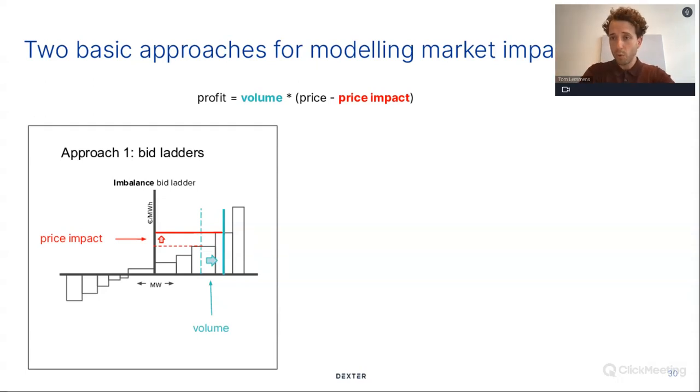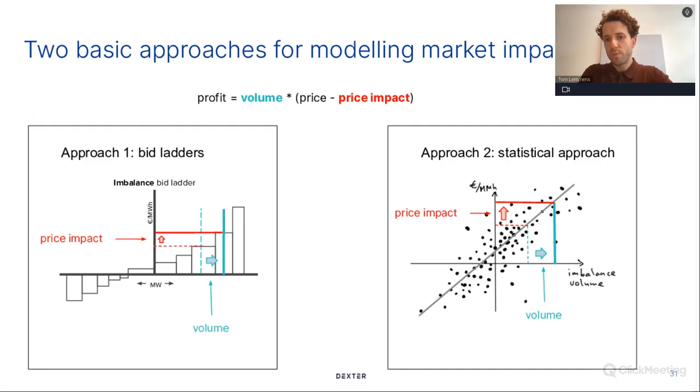You use the historical bid ladder data, you collect the data, which is not always trivial, but you can do it. You take the volume that you want to trade. You look up which new bid would have been activated, and this gives you the price impact, right? It's the price delta.